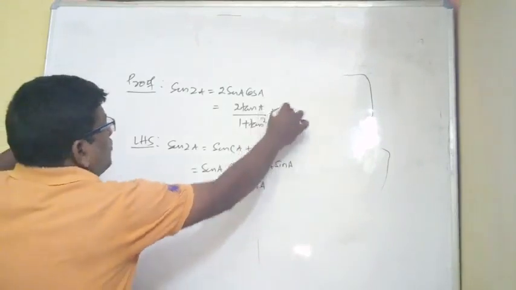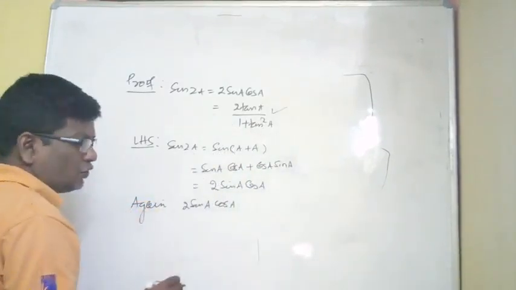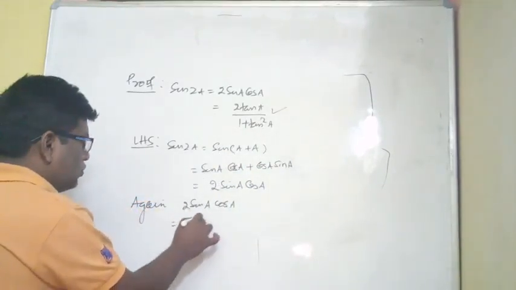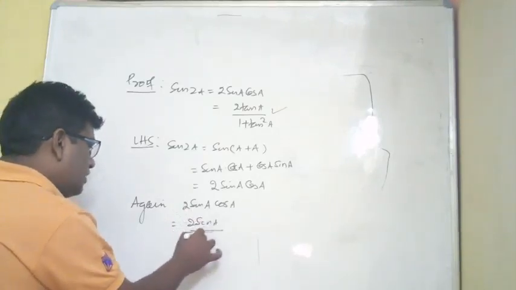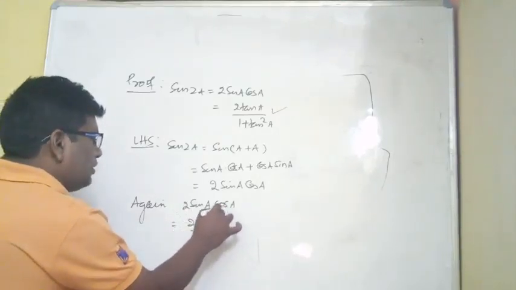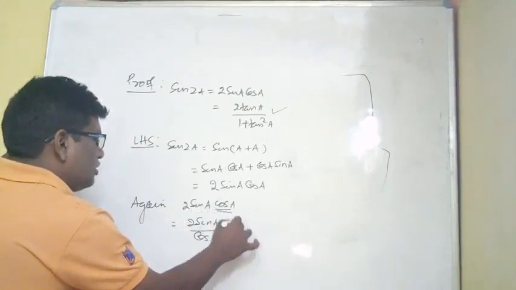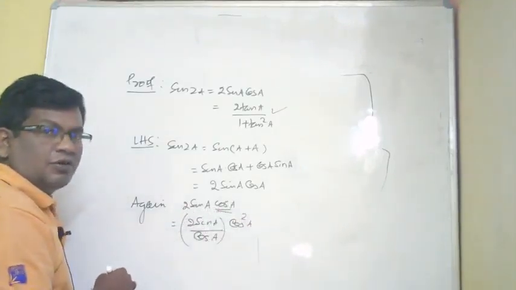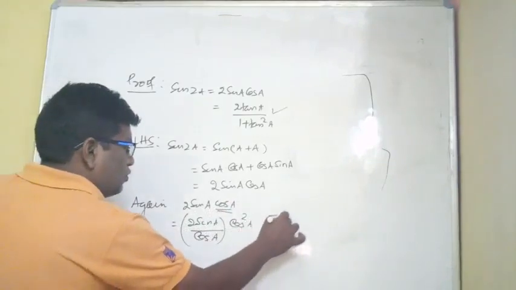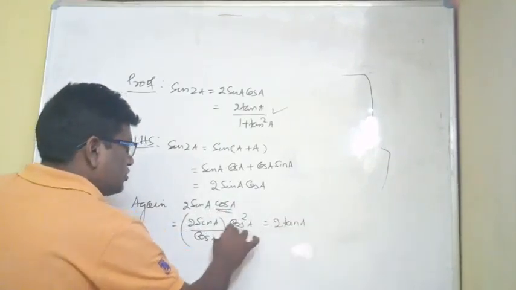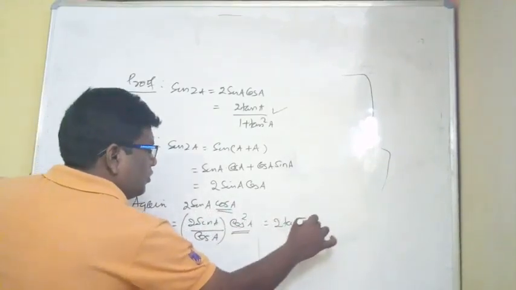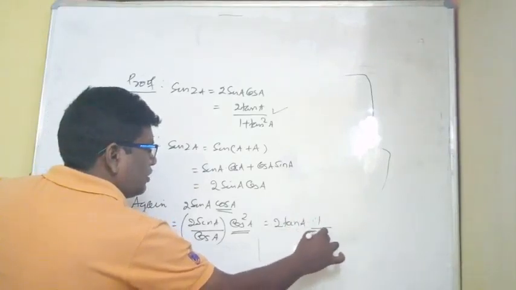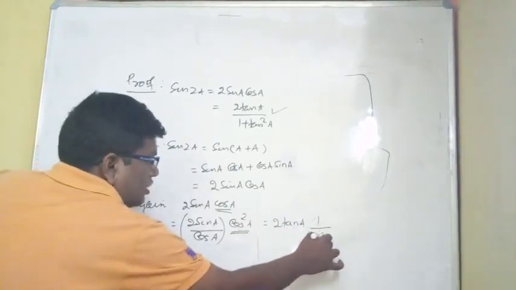For this proof tan is required, so this is sin. So 2 sin A divided by cos A, and also here 1 cos present, this is cos square A. So this is equal to 2 tan A, and this is cos square A, means 1 by sec square A. So what is sec square formula?